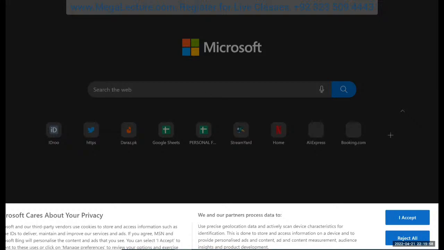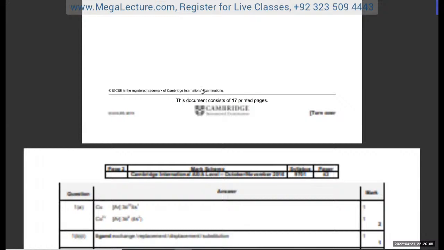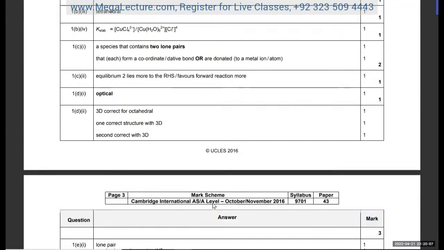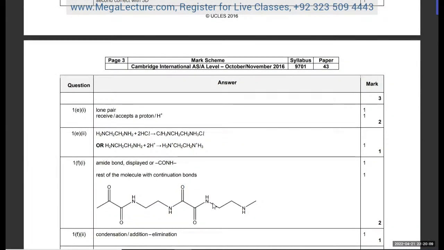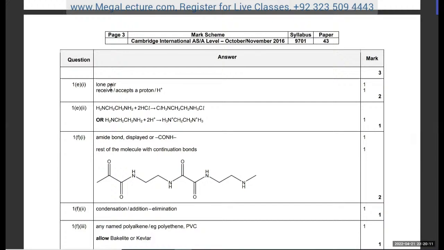But the 2 marks would be distributed: one would be for the lone pair, one would be for the dative bonding that's happening. So it's a lone pair and it accepts a proton. If we write that it datively bonds with H+1, that is kind of the same thing.